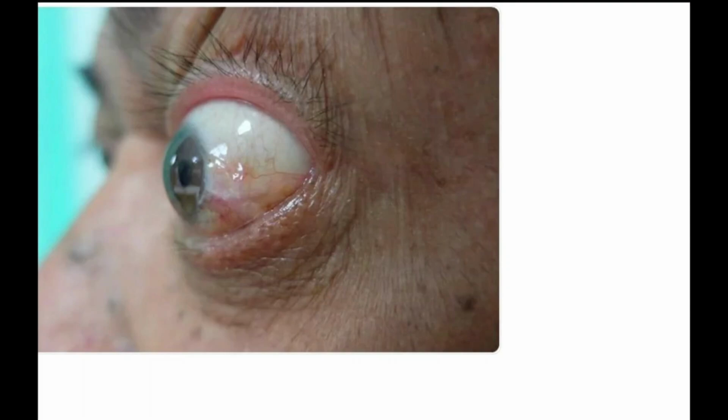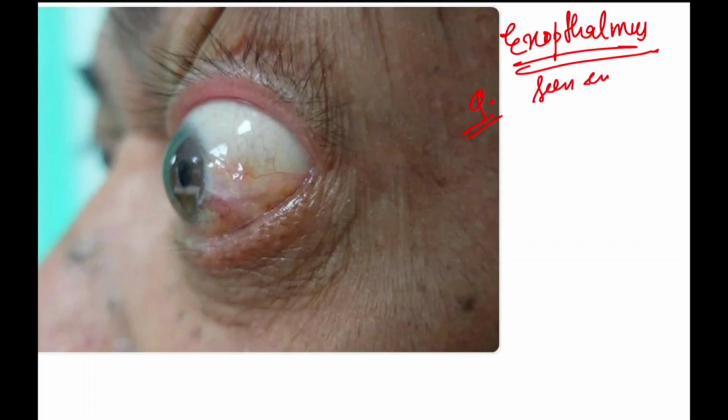It is called exophthalmos. Now if the question comes to you as an image-based question, asking in which disease condition or situation this is seen, what can you say? Exophthalmos is seen in Graves' disease.